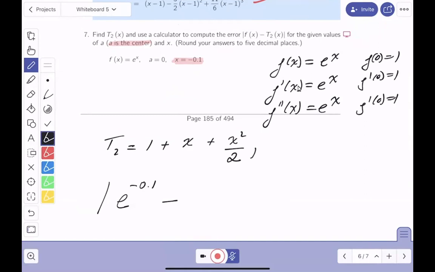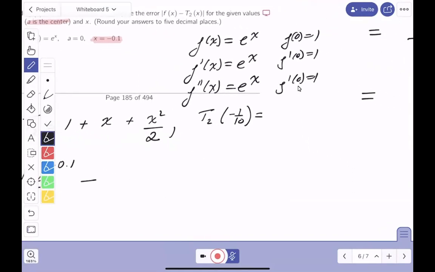So I want to point out what that means to me. Now, what's T2? T2 is a polynomial, and what is it going to be? Minus 1/10. I'm going to write the number down for you because I can do some arithmetic. It's going to be 1 minus 1/10 plus 1 over 200.